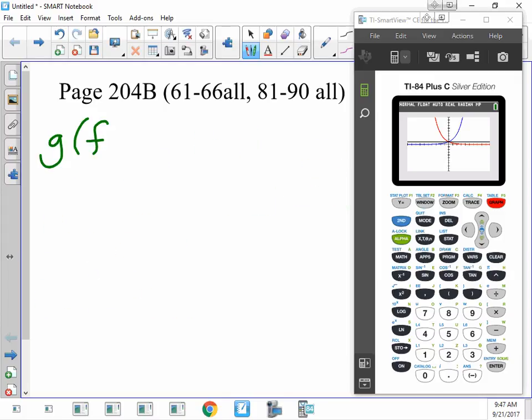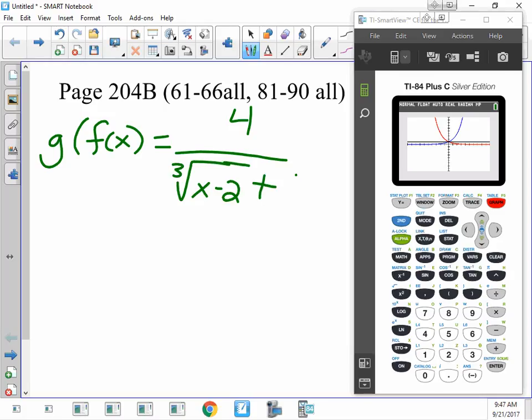G of f of x, and I get 4 over the cubed root of x minus 2 plus 6. So there are a couple different ways I could do this. G of x and f of x. Does anybody see a way to do this?